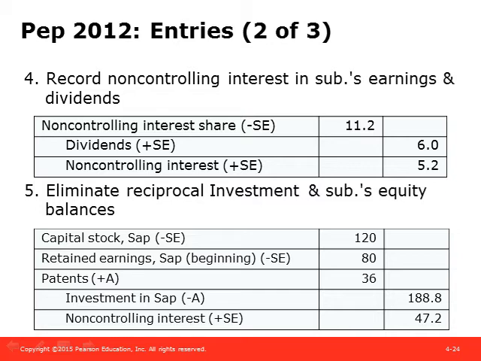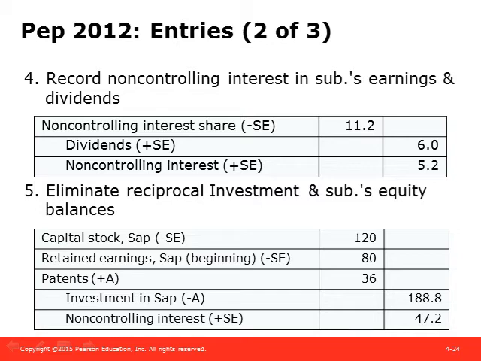And you'll see for step 5, we're eliminating the same reciprocal investment in subs equity balances by debiting the capital stock, which is what SAP had as its capital stock balance at the date of acquisition, by debiting retained earnings for $80K, which is what the original balance plus the 2011 earnings ended up being.